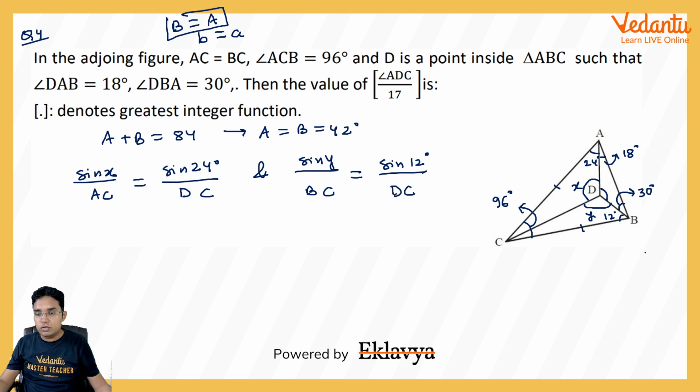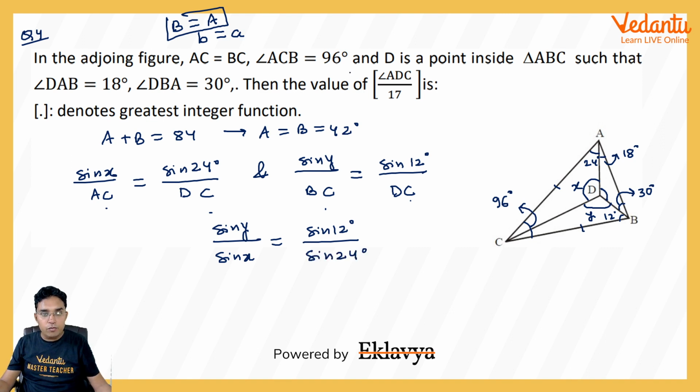I think these are very natural choices to use the sine rule. Now you can see AC is equal to BC and DC is equal to DC. That means if we divide them, we get sin Y upon sin X is equal to sin 12 upon sin 24 degrees.